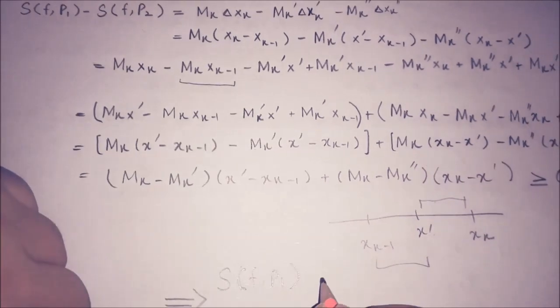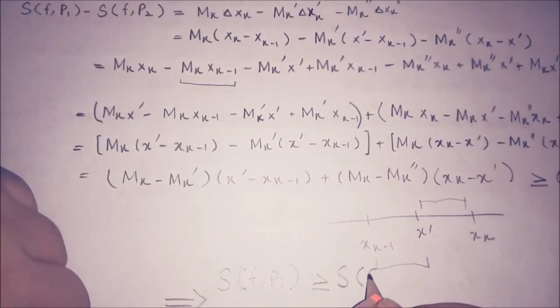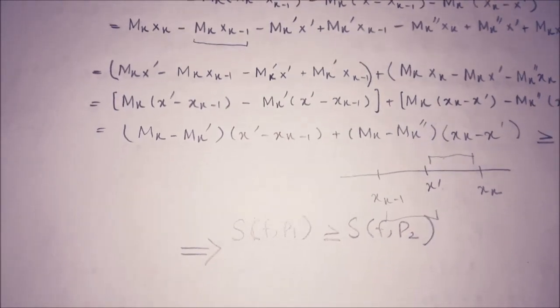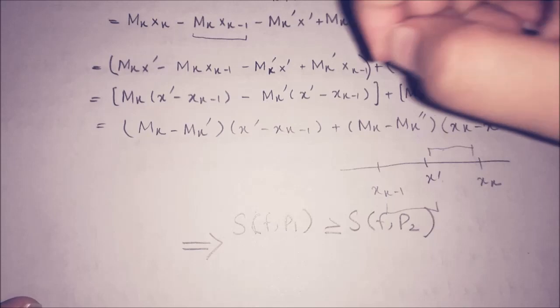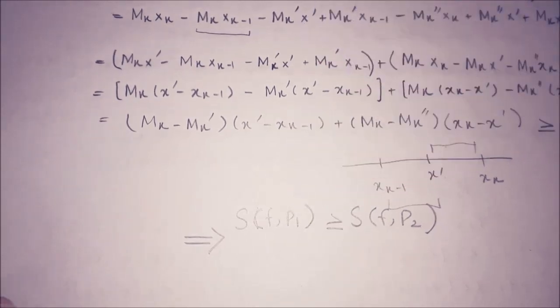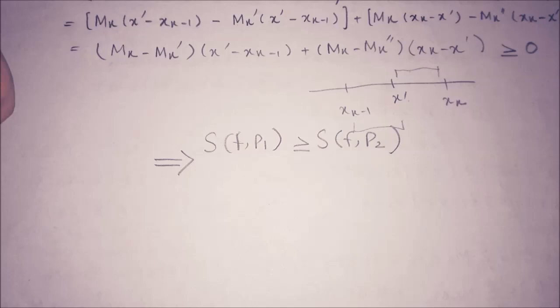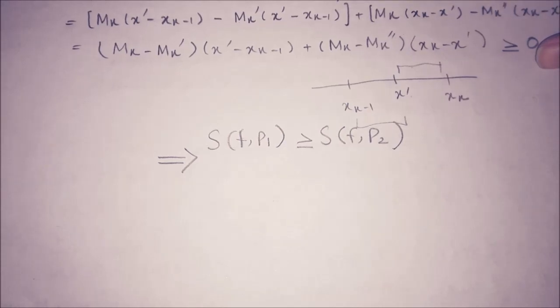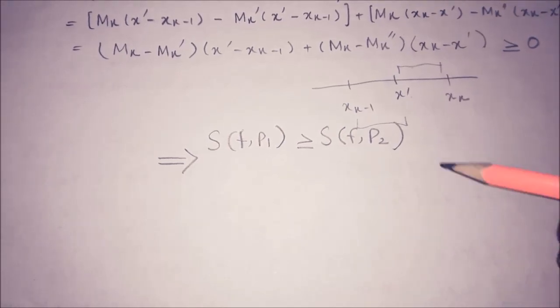S(f,P1) is greater than S(f,P2). That is, not the supremum, but the upper sum from the partition P1 is greater than the upper sum from the partition P2. So the upper sum for the coarser partition P1 is greater than that of the finer partition.